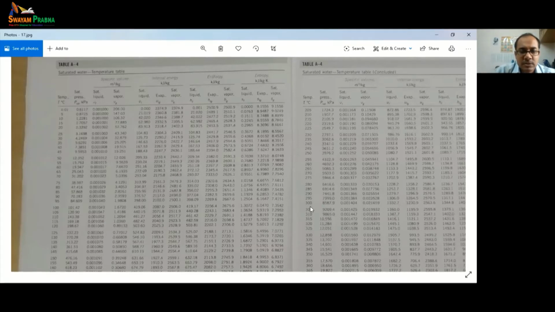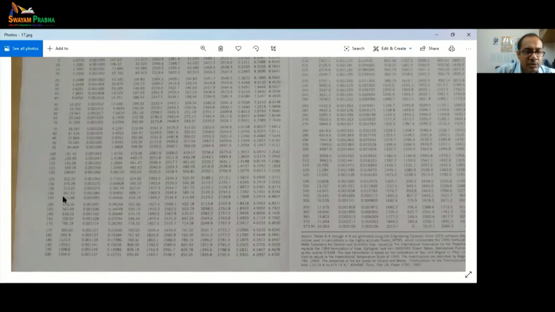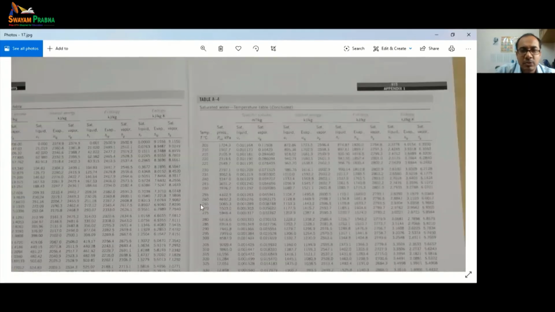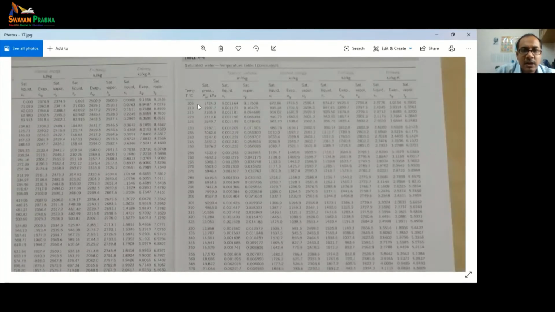But still let me see what is the value corresponding to 250 degrees centigrade. Here at the end of this page it is 200 degrees. So you have to go to the next page, and here, this is the temperature column. 250 degrees centigrade is here.